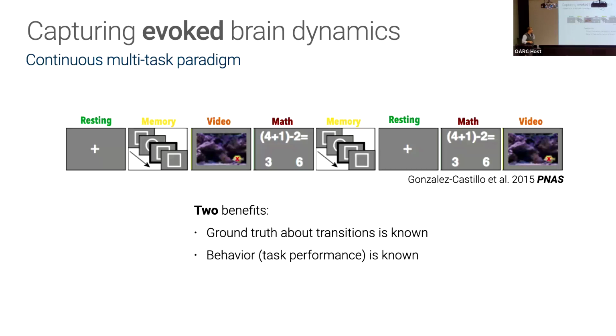Also, we have behavior, so we have task performance across these blocks of tasks. We wanted to see whether shape graph properties, because the shape graph is the final output of the Mapper graph and it's a graph, you can do all kinds of network science on it, from centrality to degree distribution or modularity, and see whether any property of the graph relates to behavior. So it becomes useful as well, not just pretty.